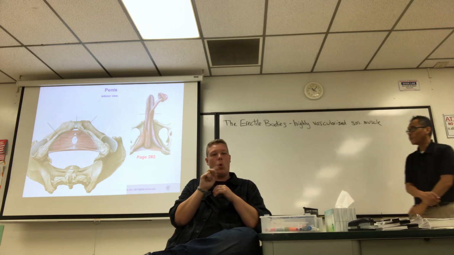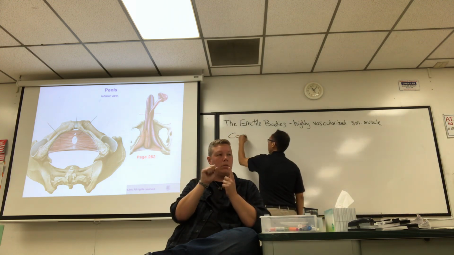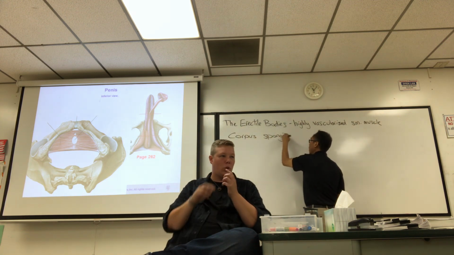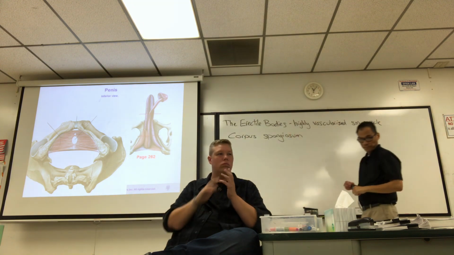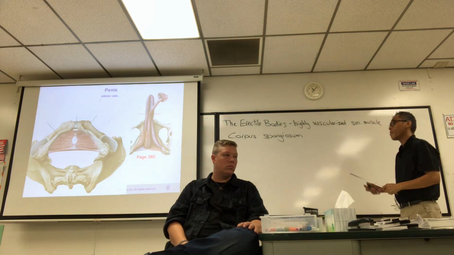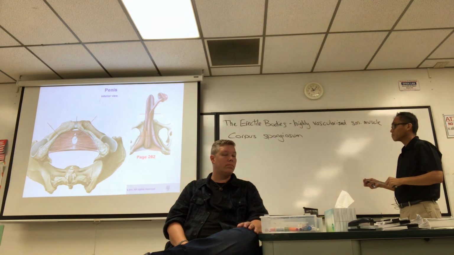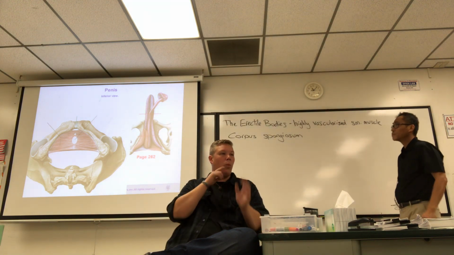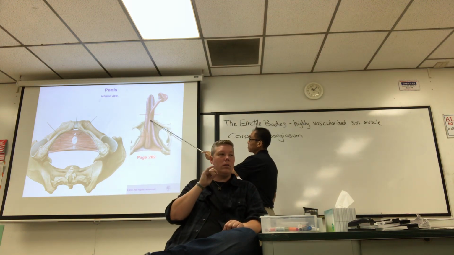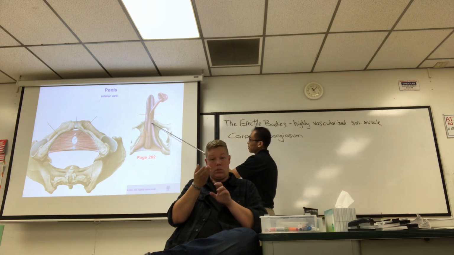So what you have is one, corpus spongiosum. Let me point it out to you. It's this structure. It's the ventral aspect of the penis. This whole thing. They've dissected it apart from the other erectile body. They're together.